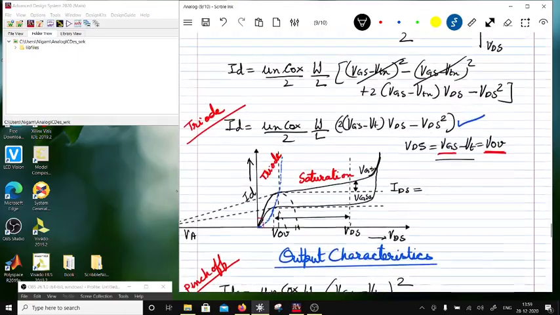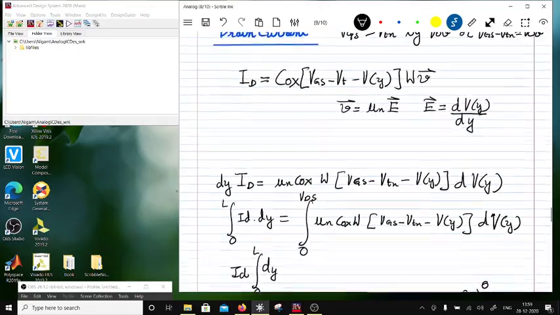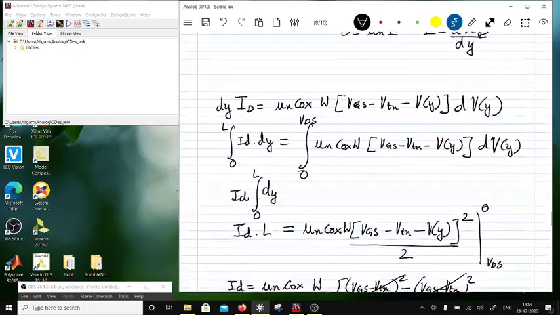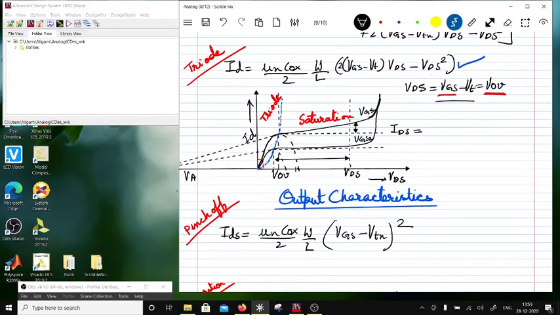Also the slope is a function of the current, or you can say VGS. For smaller currents or smaller values of VGS, the slope is less. For larger values of VGS, the slope is more, right?